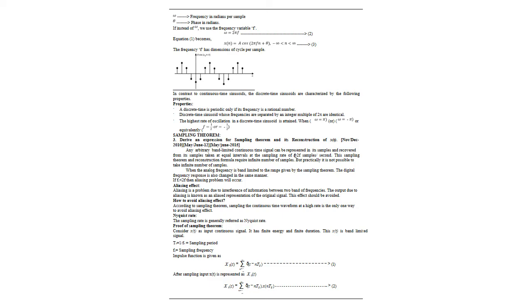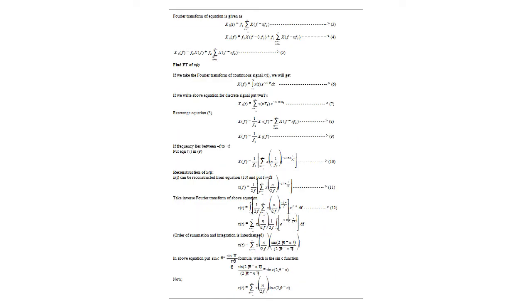So here we are going to find the impulse function as xδ(t) = summation n equal to minus infinity to infinity δ(t − nTs). Okay, so it will be represented as xδ(t) = summation n equal to minus infinity to infinity δ(t − nTs) x(nTs). So the Fourier transform of this equation is given as xδ(f) = Fs summation n equal to minus infinity to infinity X(f − nFs).